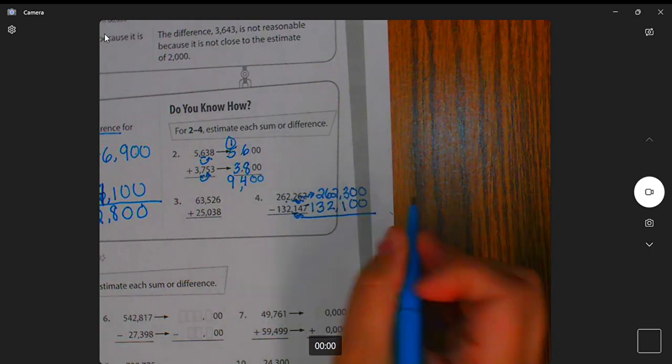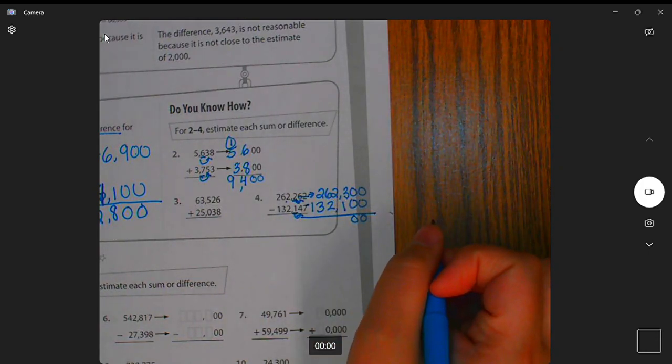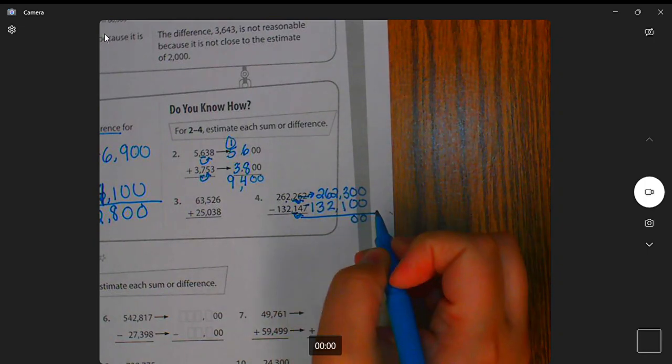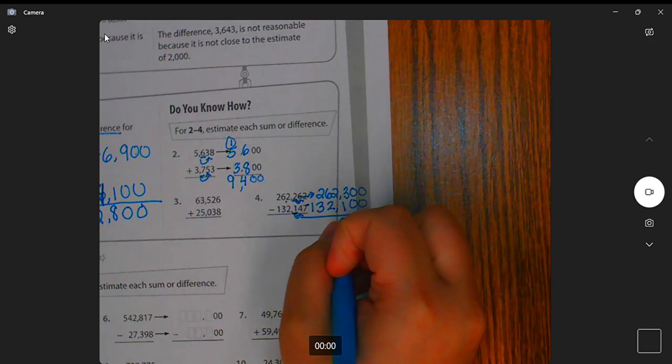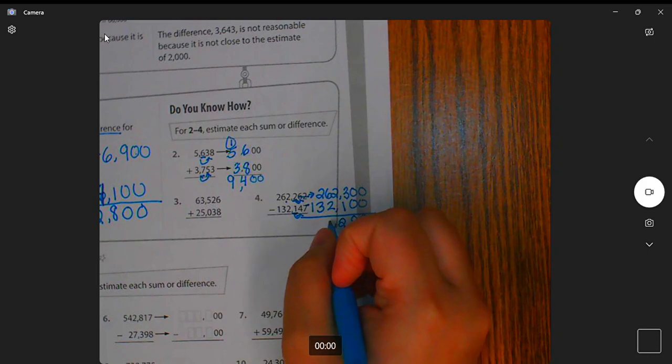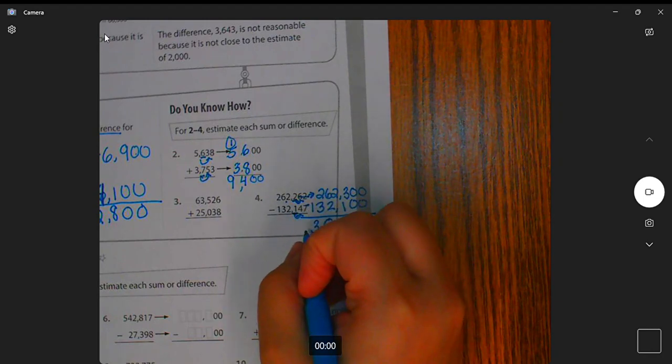And we're subtracting. So as always, I can bring my zeros down because 0 minus 0 is 0. 3 minus 1. Correct, it's 2. 2 minus 2. Yep. 6 minus 3. 2 minus 1.